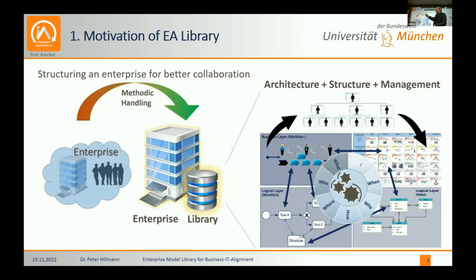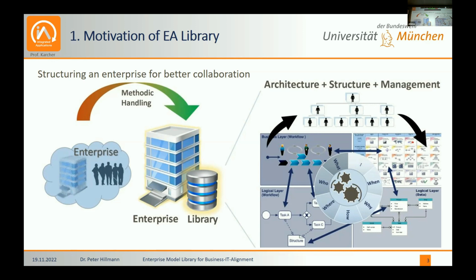So what we want to have is a method for handing over all this knowledge and to have an enterprise which is clearly designed and structured. We imagine a library, like a knowledge base, where we put in BPMN diagrams, data diagrams, a lot of structured artifacts.